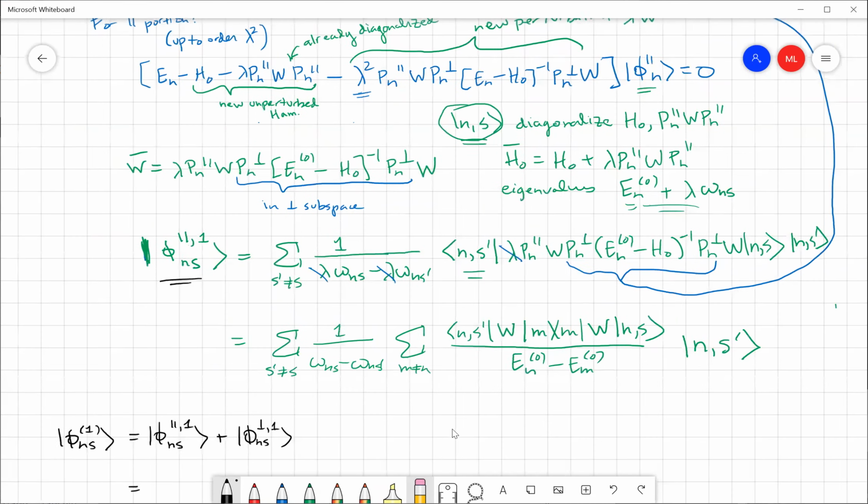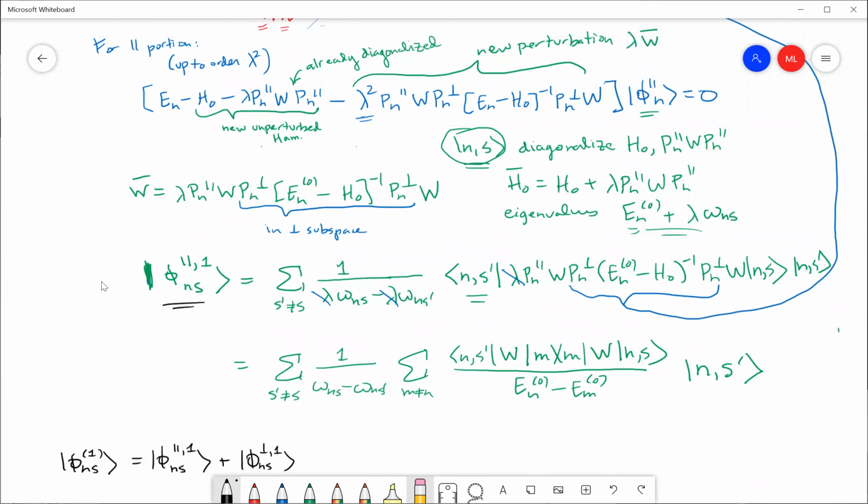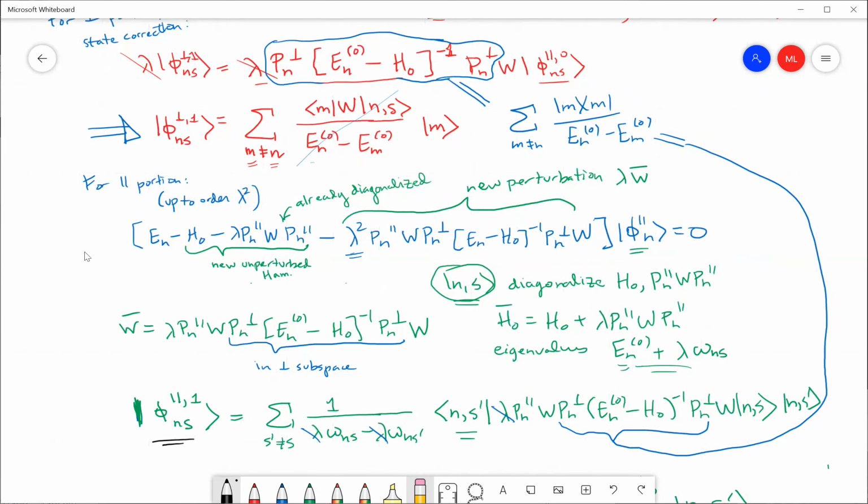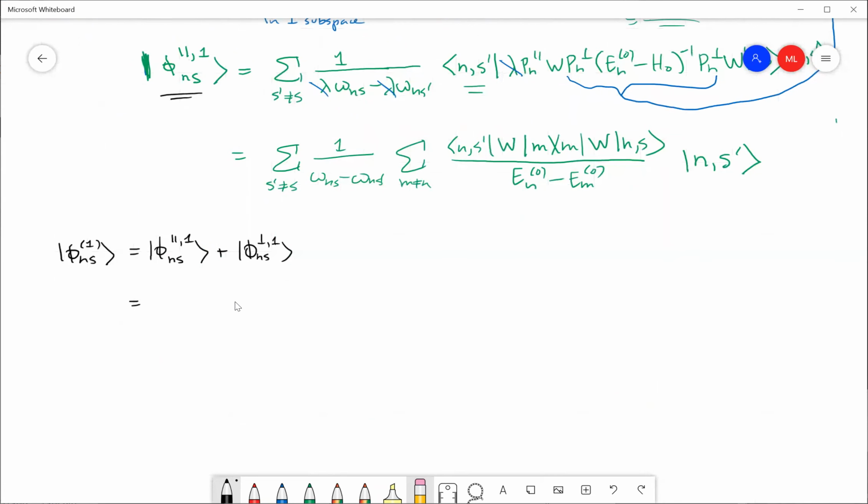Okay, so I guess I'll just start with the perpendicular portion. This is easier to write down. It's just this guy. So we have a sum over m not equal to n of these m, W, n, comma, s, these guys, divided by En0 minus Em0.